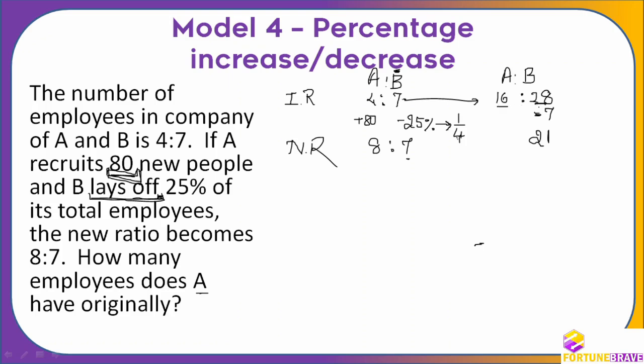So I get 16 and 28. Now I reduced it because I know 25% less, and I got 21. Now 21 is also a multiple of 7. Therefore I took 7 into 4. Now 21 is definitely 25% less than 28.